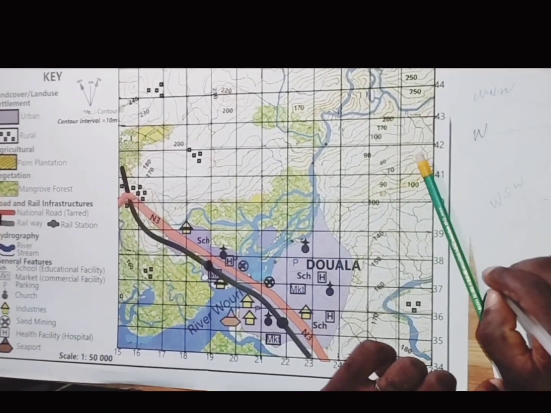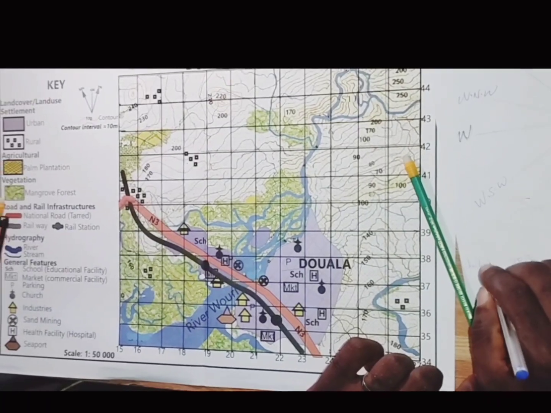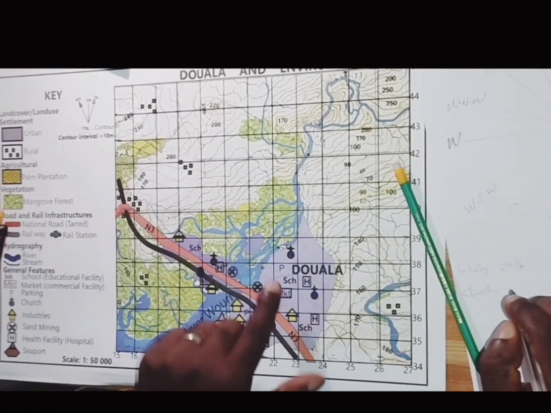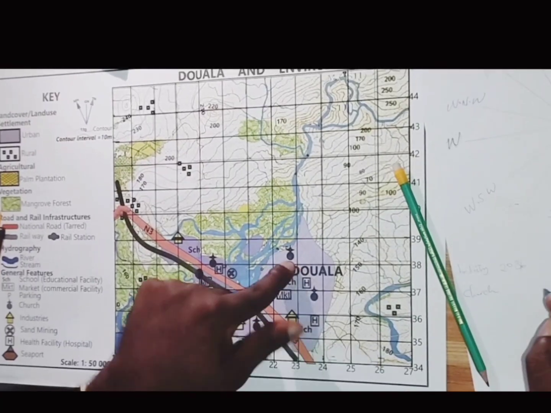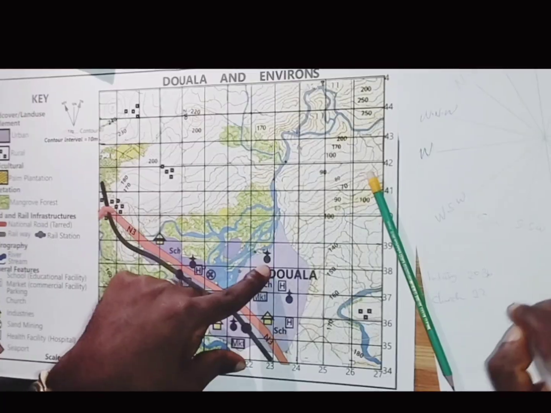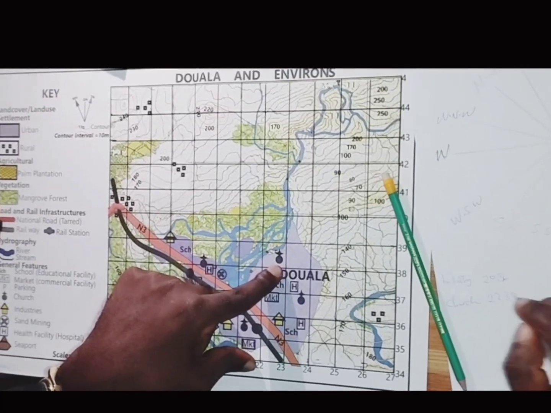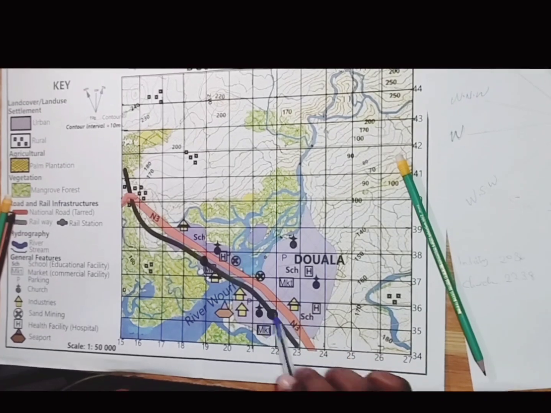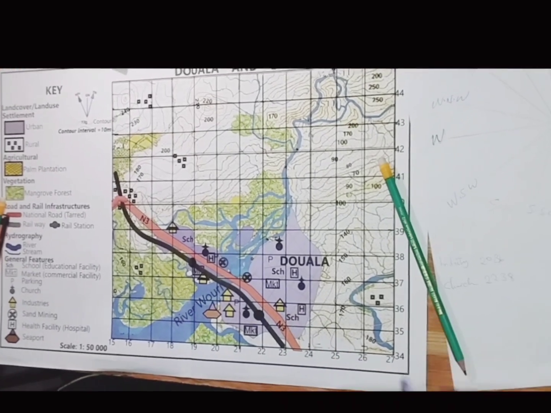So this is industry. And then a church. The church is found, let's say the church is 22, 38. Actually, okay. So because there are so many churches too, we have so many churches on the map, so it's very important for us to precise which one we are working on.